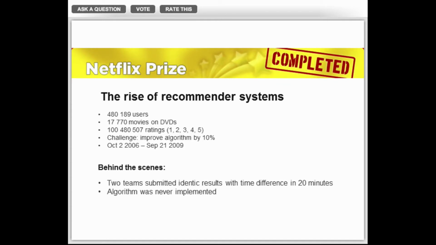Why? There were a few reasons. One of them was that the business of Netflix changed significantly from 2006 to 2009. In 2006, they were sending DVDs to people, while in 2009 it was mostly streaming online. And that tells you that the algorithms of recommender engines change in time.